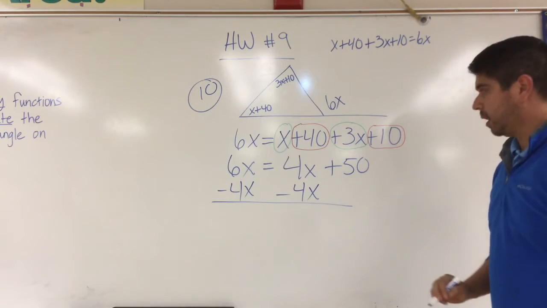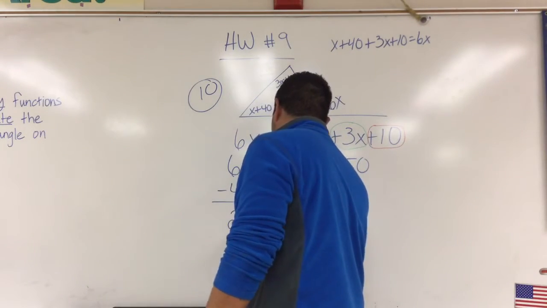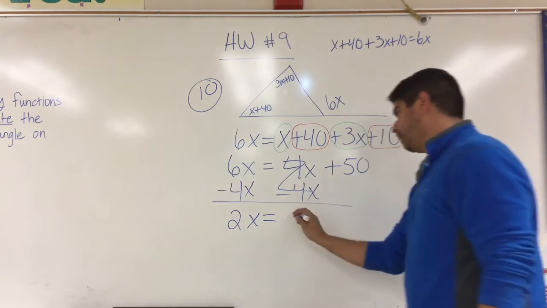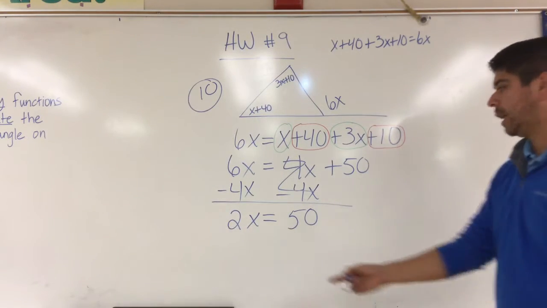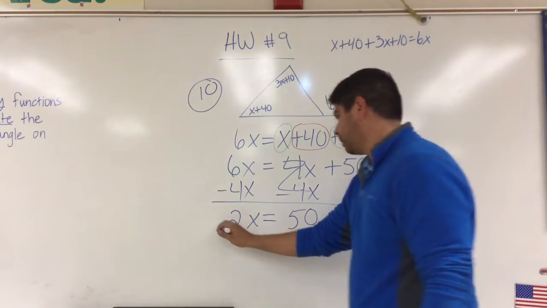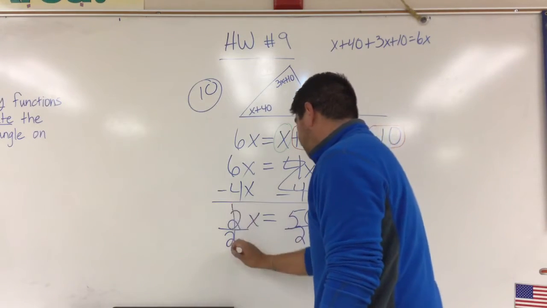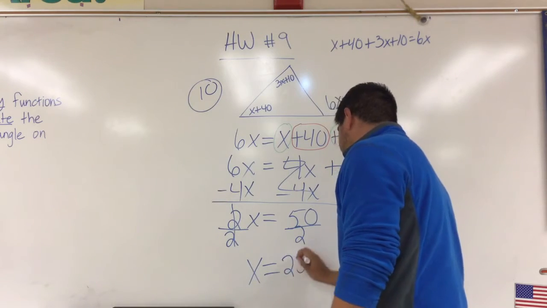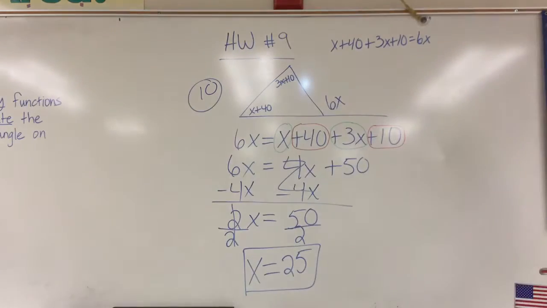All I'm doing is solving for x. 6x minus 4x gives me 2x equals, this zeroes out, and then I bring the 50 down. Now it's pretty simple, it's easy. All I have to do is divide by 2 as my last step. That makes 1x equals 25. Divide that out.